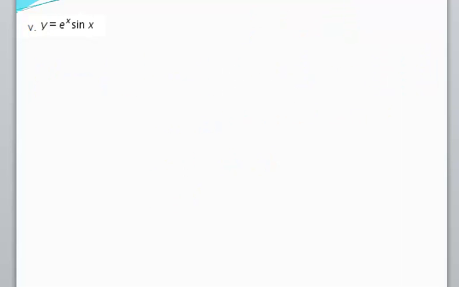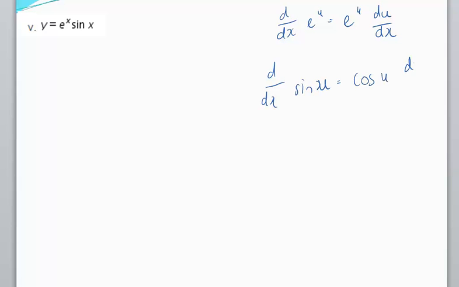And further examples here, we've got y is equal to e to the x sine of x. So now we look at it, we're going to use two different rules here. So we're going to write both of these rules out. We've got d/dx of e to the u is e to the u du/dx. And we want d/dx of sine of u is equal to cosine of u du/dx.